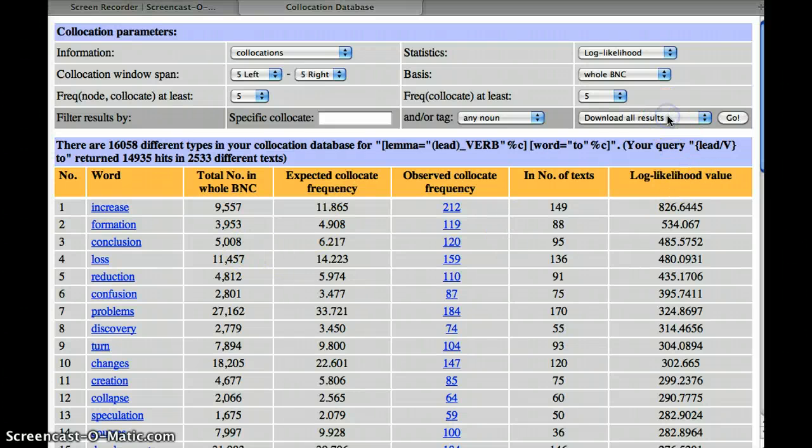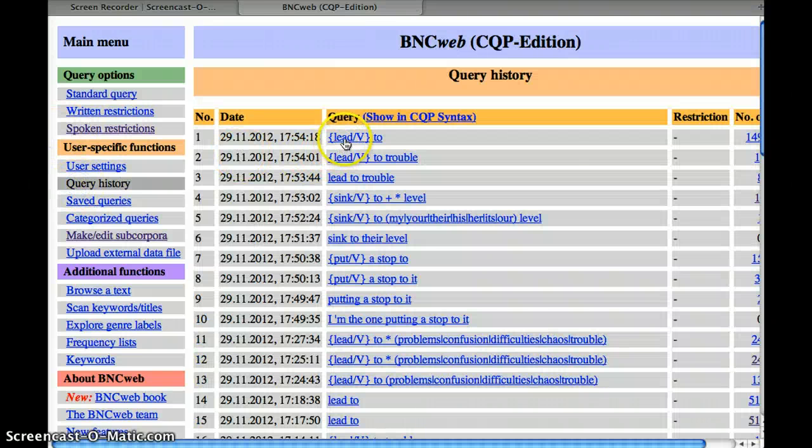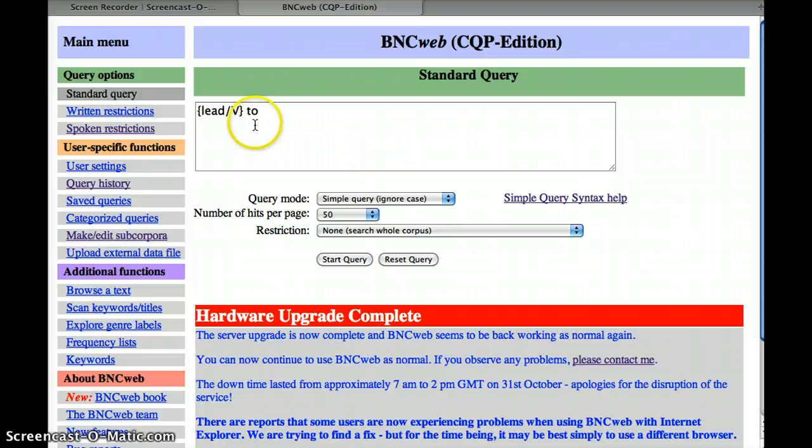Now we can go back to look at lead to. To save me typing it, I can just do this and put in some of the words that we found. So we want trouble, because that was the one we had originally. Confusion was another.